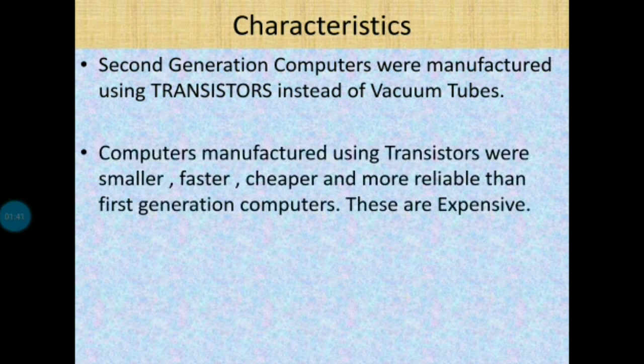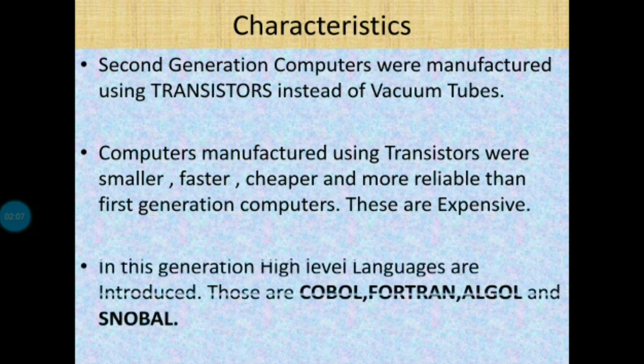Already we discussed transistors. Because of these transistors, the size was reduced compared to the first generation. Comparing the first generation, the second generation computer is very fast, very cheap and very small. Individually a second generation computer is expensive, but compared to the first generation, it is cheap.